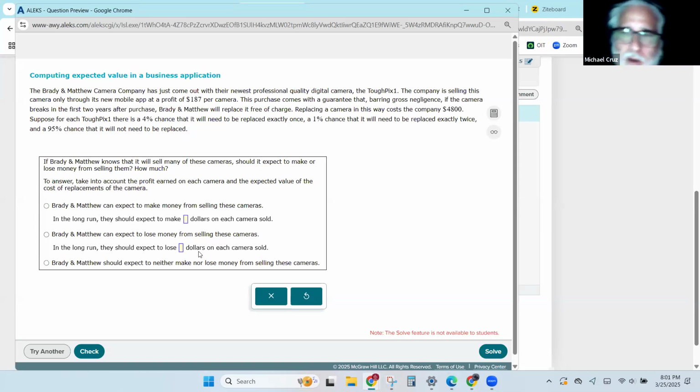Replacing a camera this way costs $4,800. And here are now our different outcomes. Suppose for ToughBix One, there's a 4% chance that it will be replaced exactly once, and a 1% chance it will be replaced exactly twice.